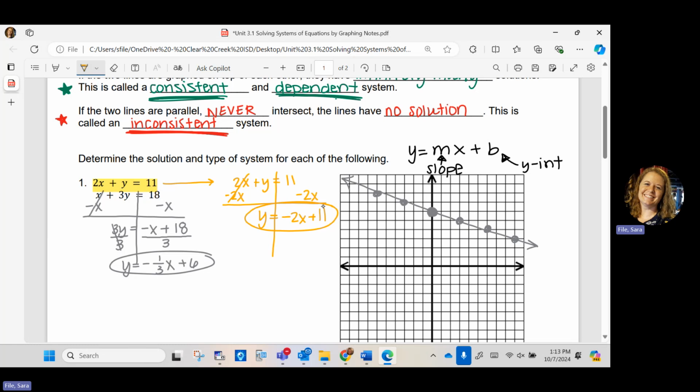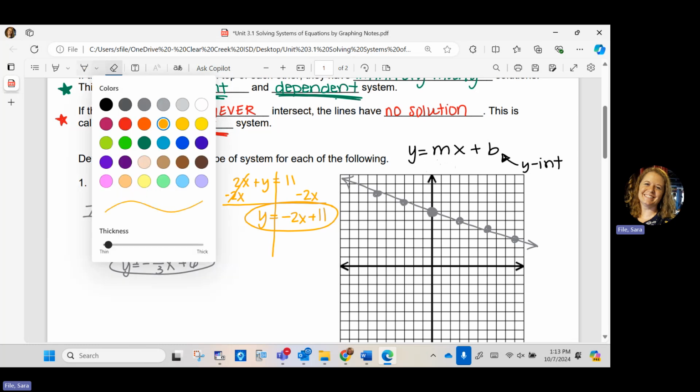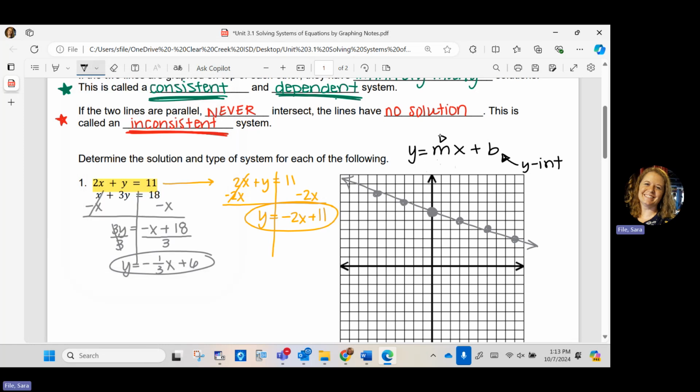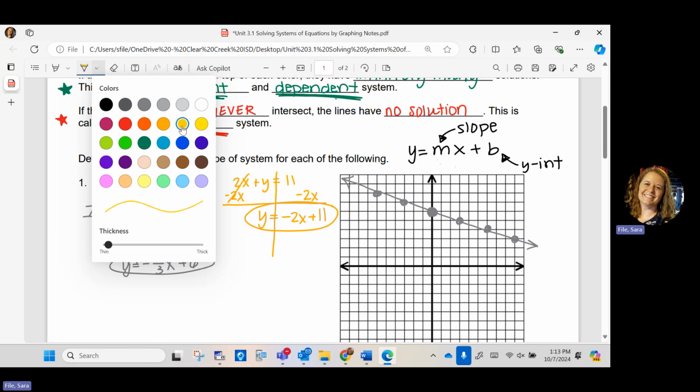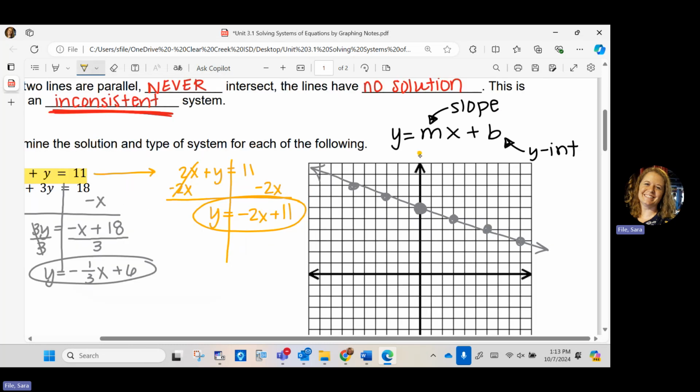So it's got a y-intercept at 11, which is just off up here. If we count up from the origin, 11 would be just above the graph here. That last line was 10, so here's where 11 would be.